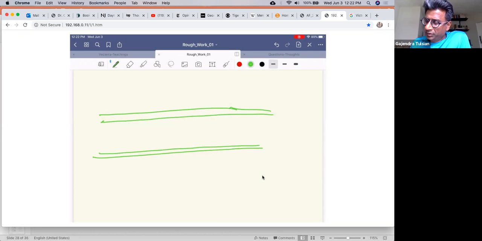Because of the properties of this thing, the inside is at minus 70 millivolts, and the outside is at 0 volts. So if you plot the voltage, it says 100 millivolts, 0 volts, minus 70 millivolts.